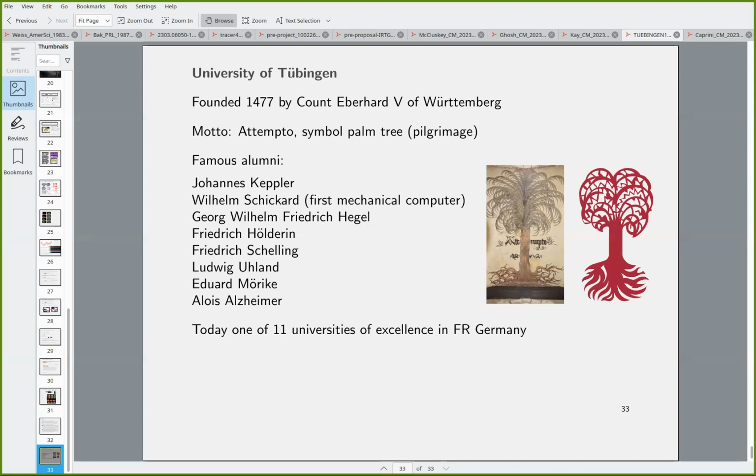He just came back from a pilgrimage to Jerusalem, so this is why you have the palm tree as the symbol of the university now. And these are just a few examples of people who studied here. Kepler is my local hero. He's from not far from here, but you see all kinds of very famous people were here. So you should also enjoy this part of why we're in Tübingen. It's not just a nice place, it's also a pretty good university. Thanks.